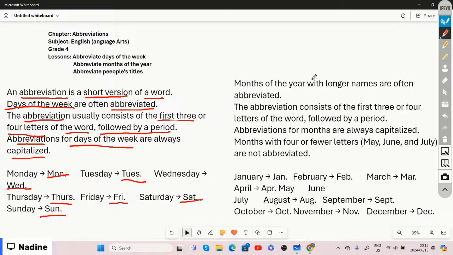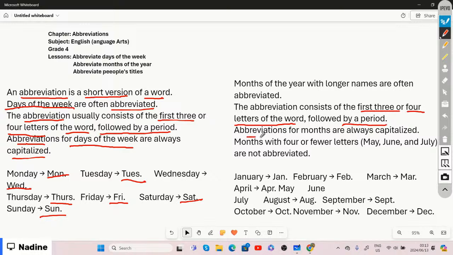And when we abbreviate the months of the year, we see that the longer names are abbreviated, but the shorter ones are not, right? And the abbreviation consists of the first three or the first four letters of the word, followed by a period.